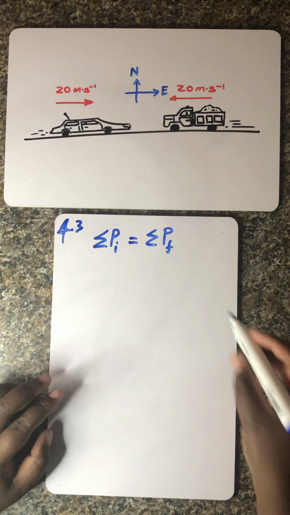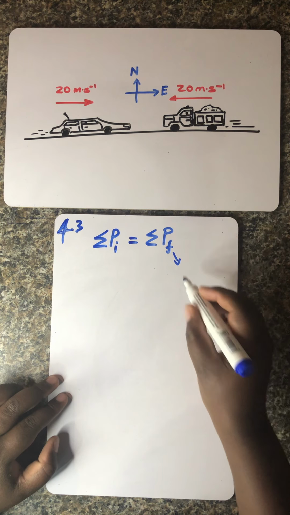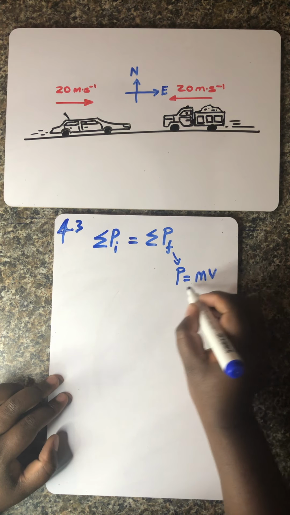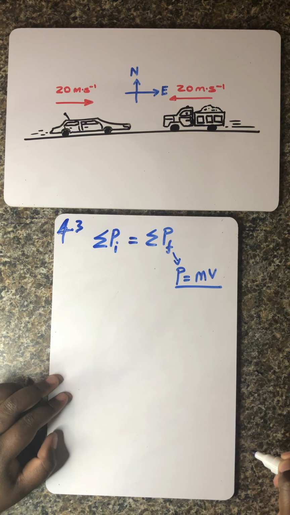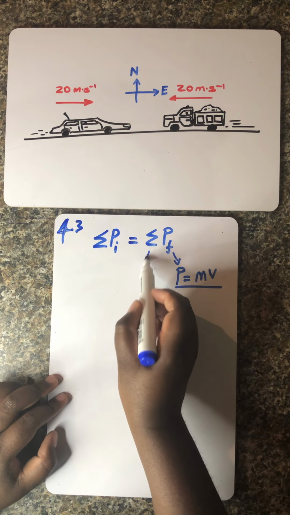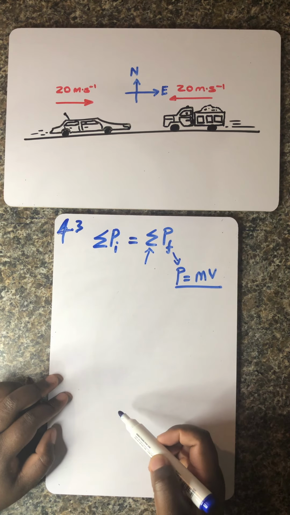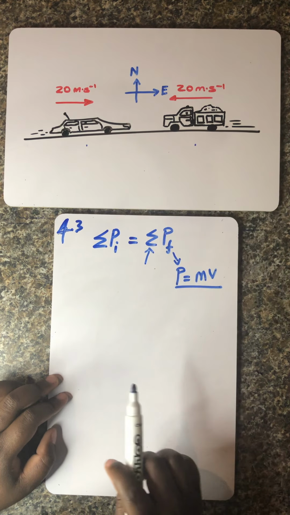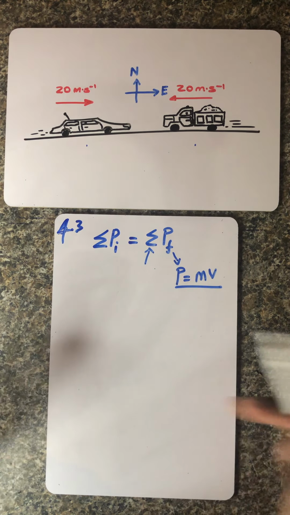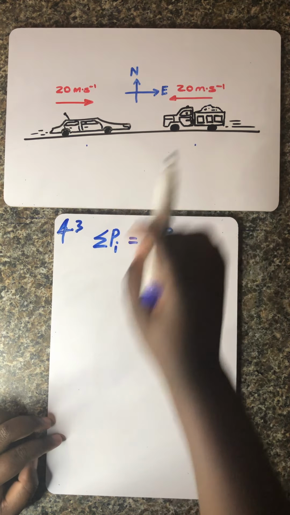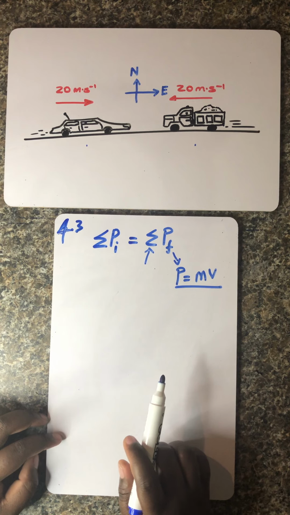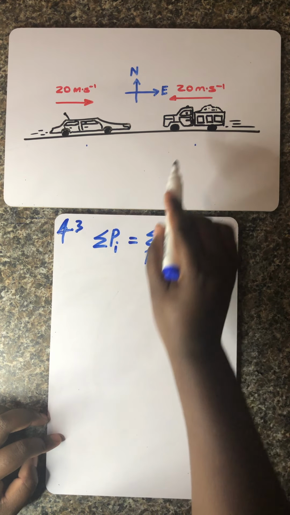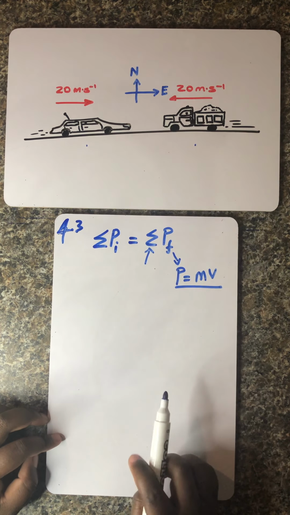What matters the most is for you to know that momentum equals mv. Very, very important. What does it mean by that sum? It's because you've got two vehicles in motion, so that sum means you need to add the momentum of these two vehicles.